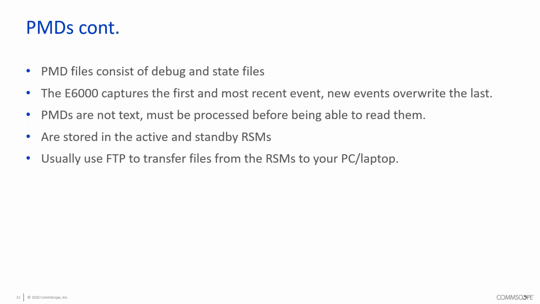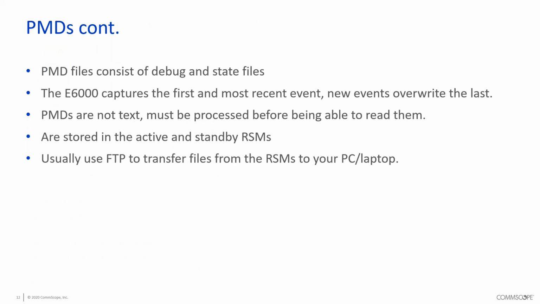We've seen where they're stored on the active and standby RSMs, so you will need to navigate to both of those to get those files off. And typically we're going to use FTP to transfer those files from the RSMs to your PC or laptop.